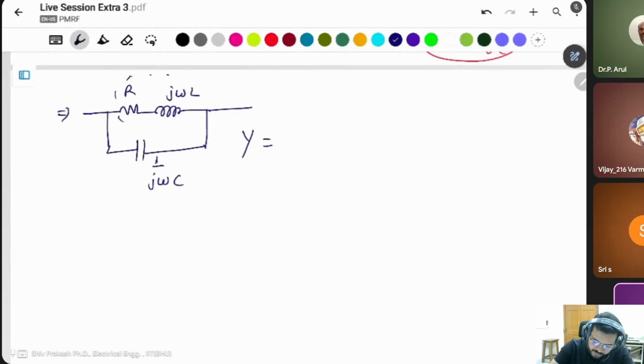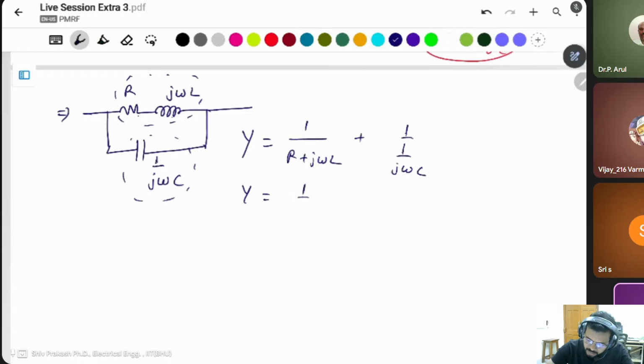Admittance of this one plus admittance of this one. The impedance of this branch is R plus J omega L, so admittance is 1 upon R plus J omega L, plus this one, 1 divided by impedance, which will be J omega C.